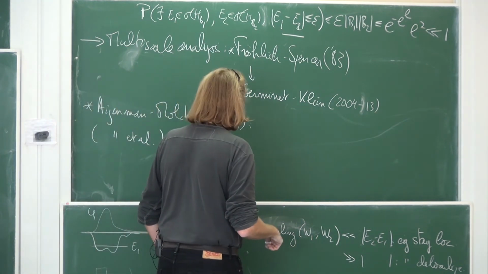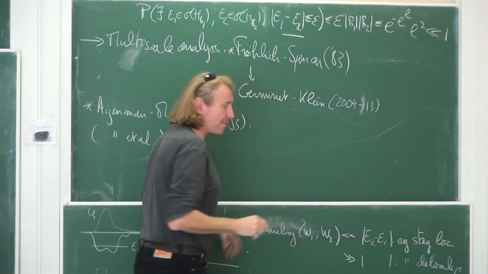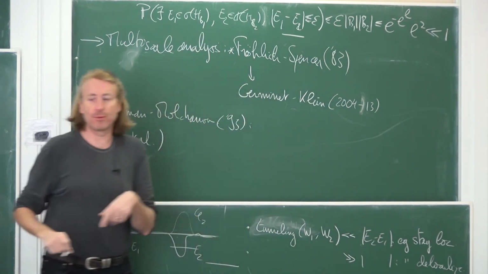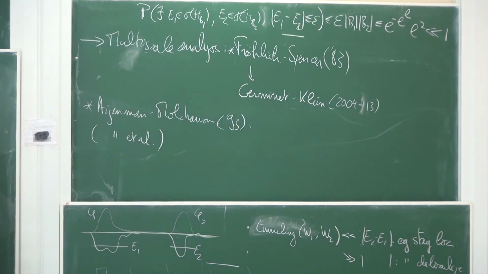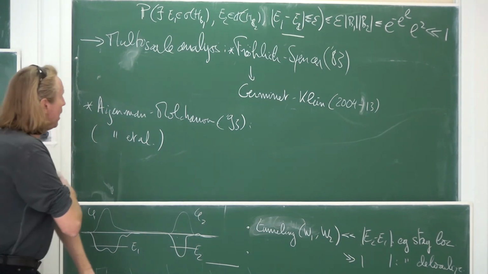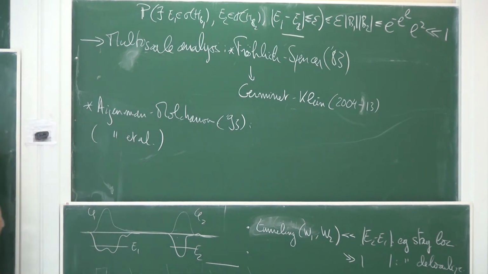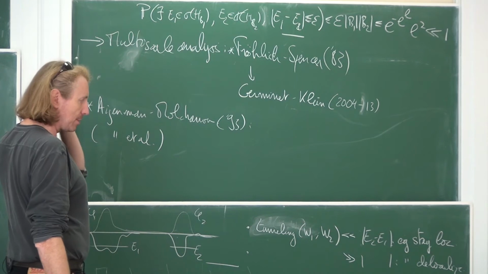There are a number of papers, and this is due to a completely different idea, and this is what we're going to use to make the proof. So the method is not based on multiscale analysis. It's more based on some harmonicity of the solutions of our finite difference equation.